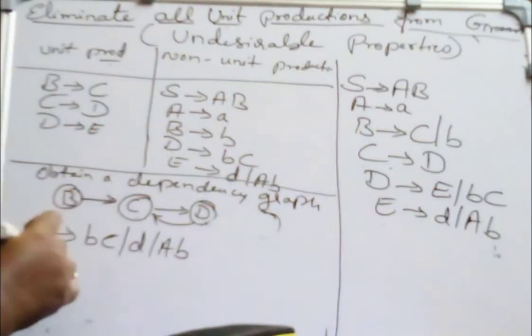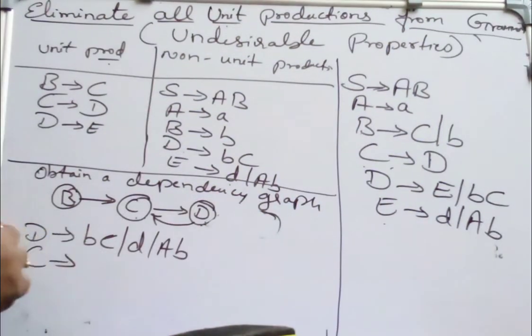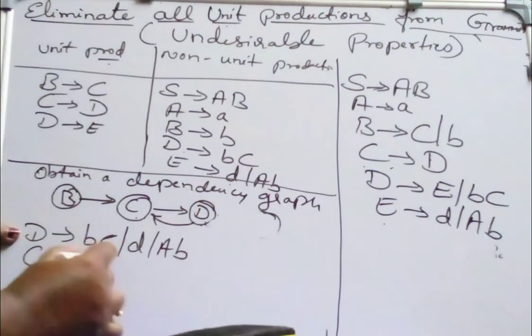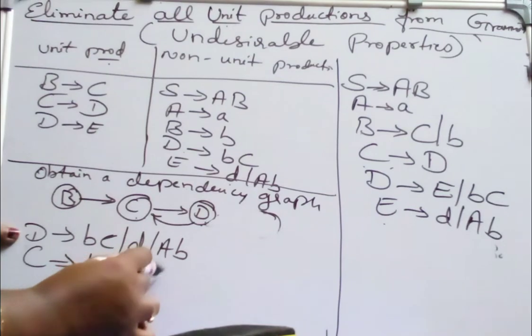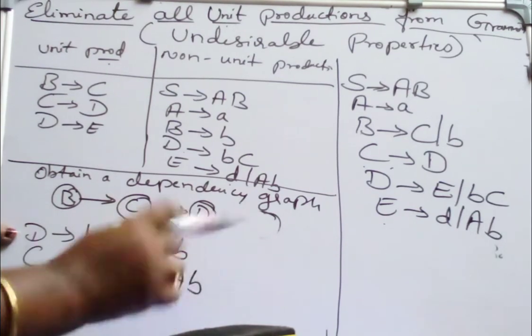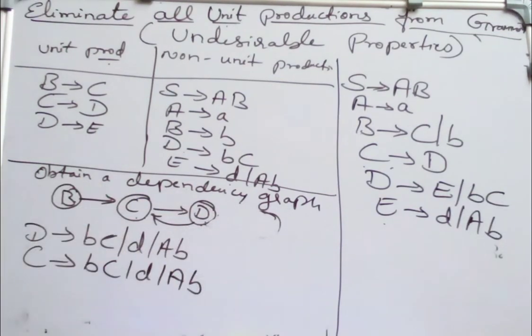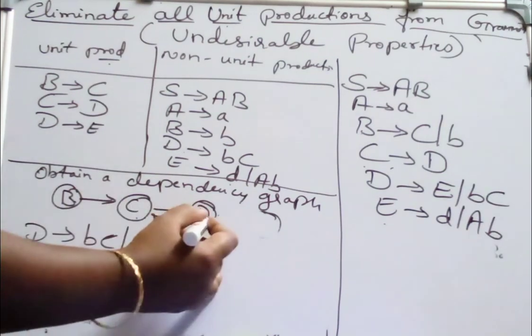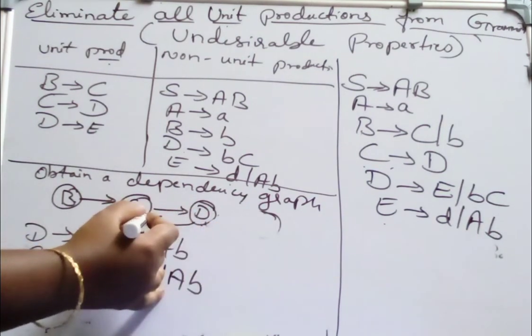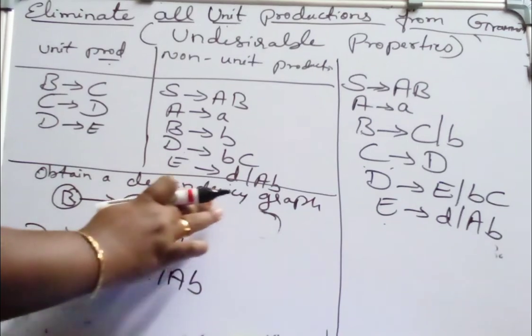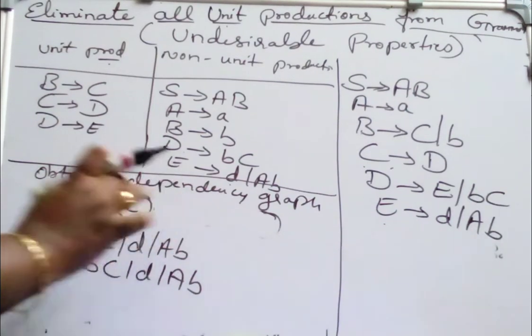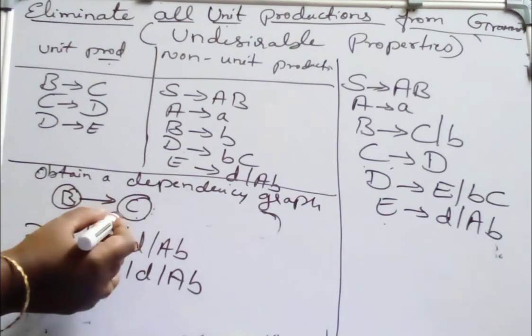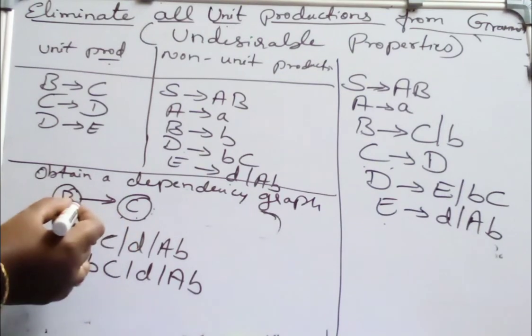C derives D, and D is BC or D or AB. So now whatever is there in D is added to C. Next, remove this dependency. Whatever the productions in C should be copied to B now.